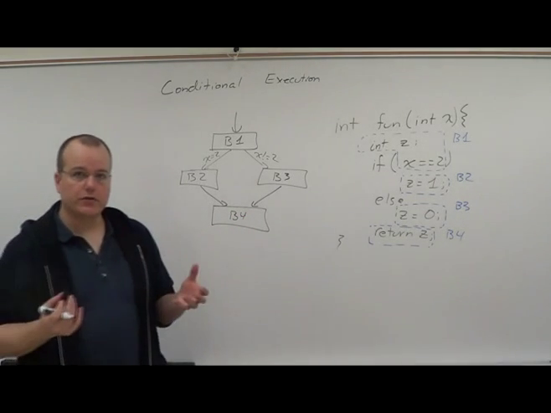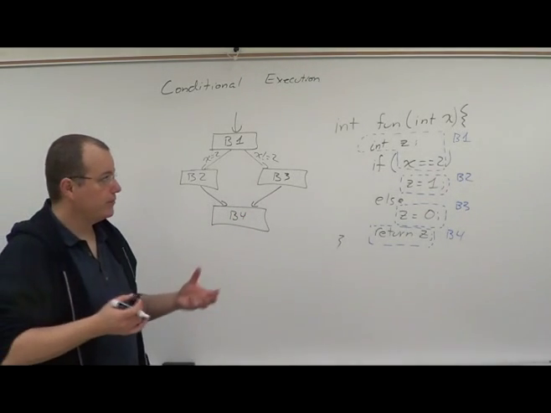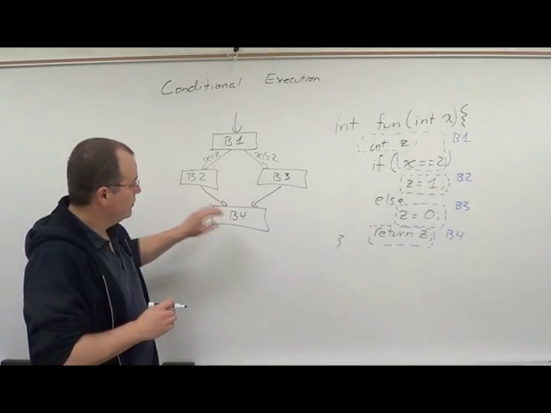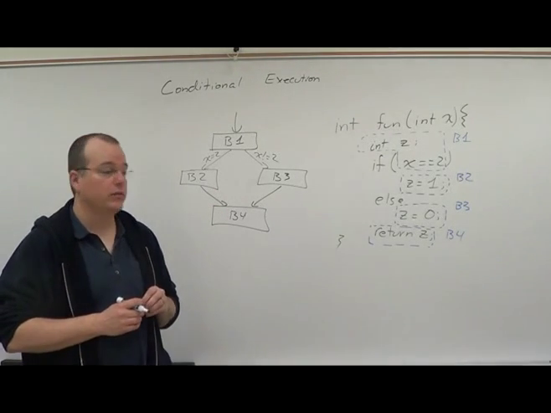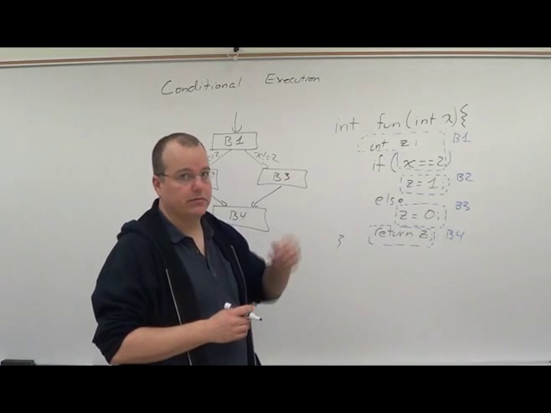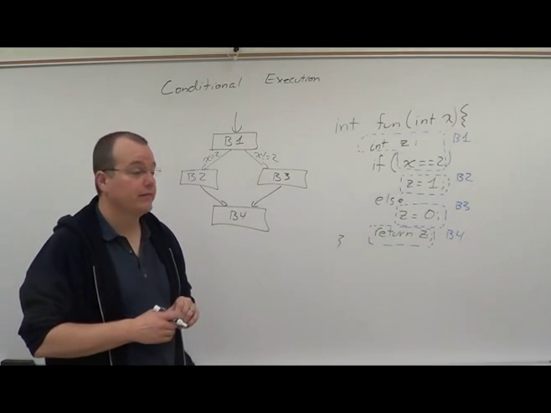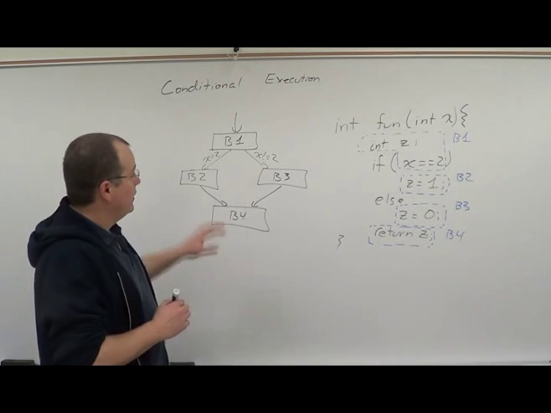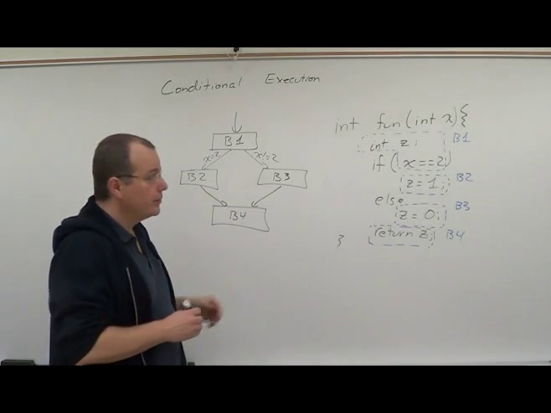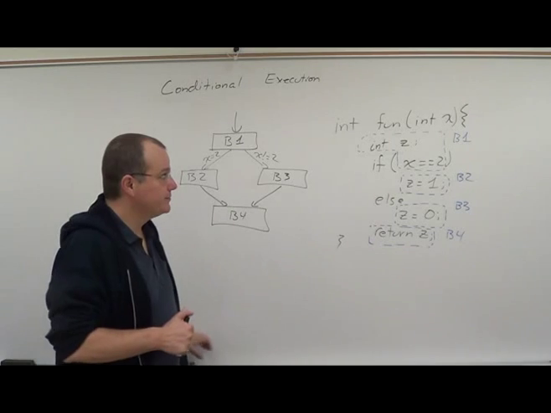And you finish executing those 2 basic blocks, whichever one got executed, and then you fall into block 4. And then that runs, and that's simply just making an assignment to EAX and returning from the function. Okay. Hang on to this picture as we start building the assembly.